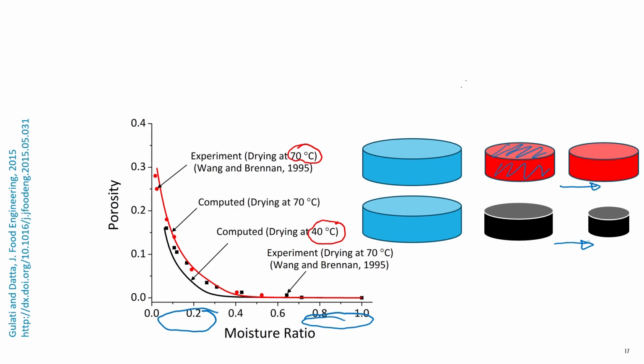So the higher temperature drying, this one, leads to a higher porosity when dried to the same moisture level.